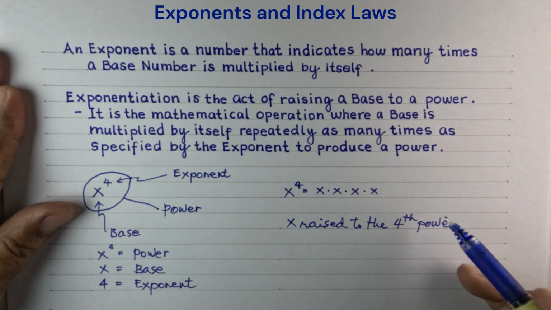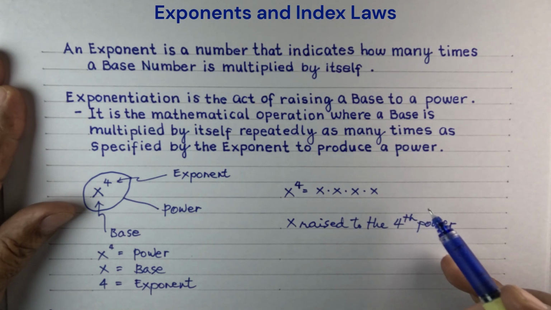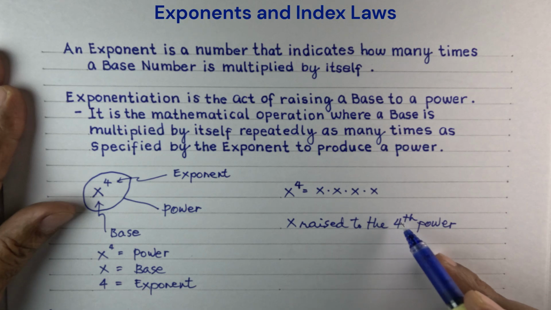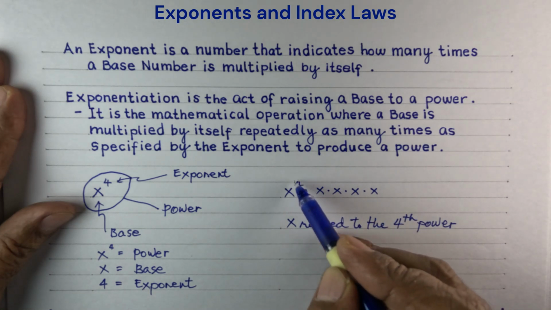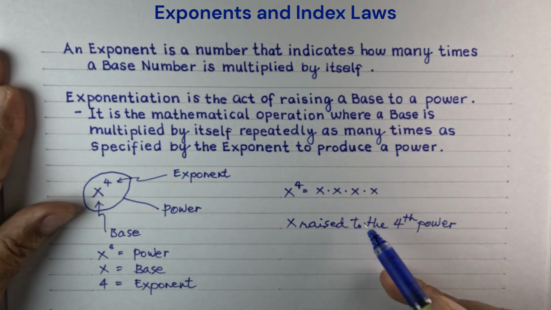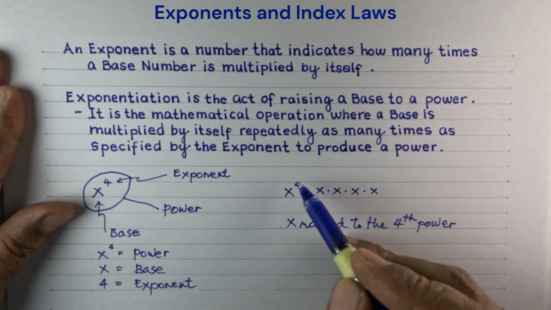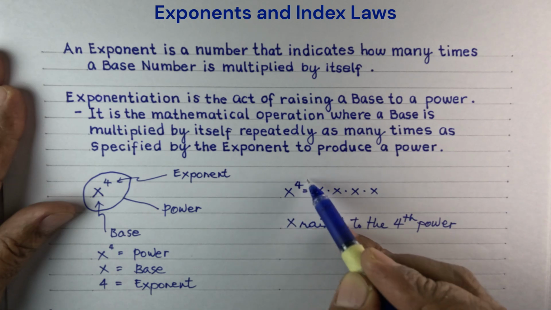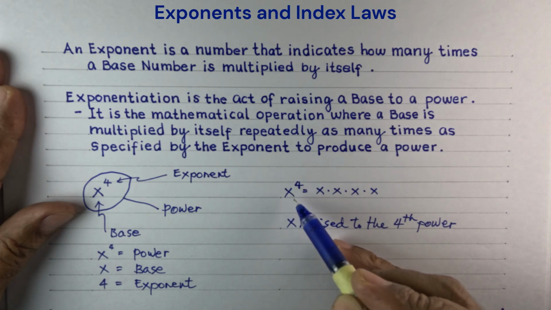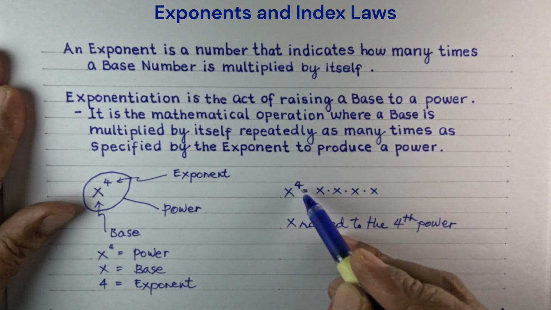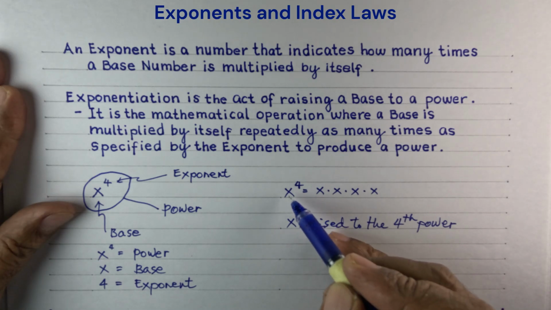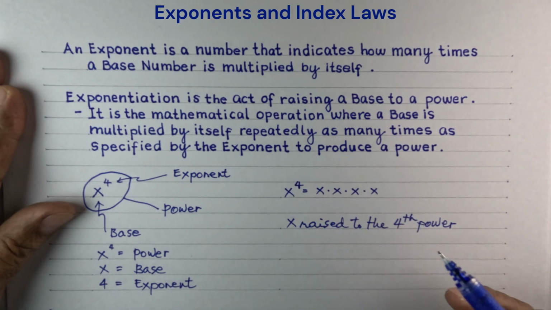Now, x raised to the fourth power. The common confusion is thinking that 4 is a power, which is not. Because 4 is the exponent, the power is this whole expression, x to the fourth. That's why we also refer to this as a power expression.